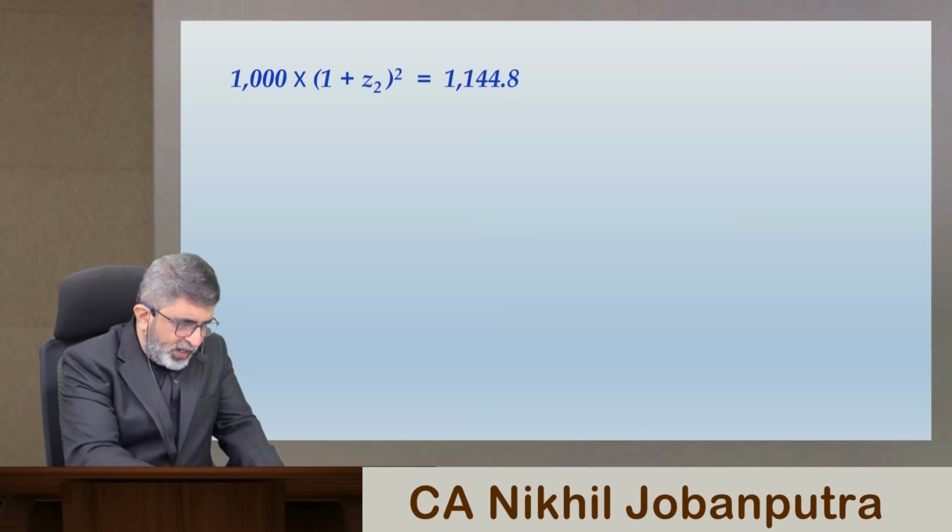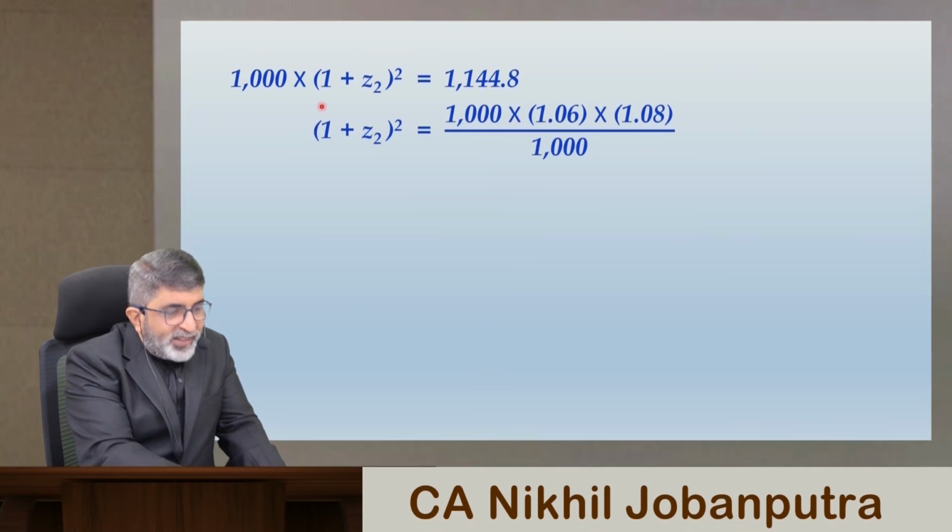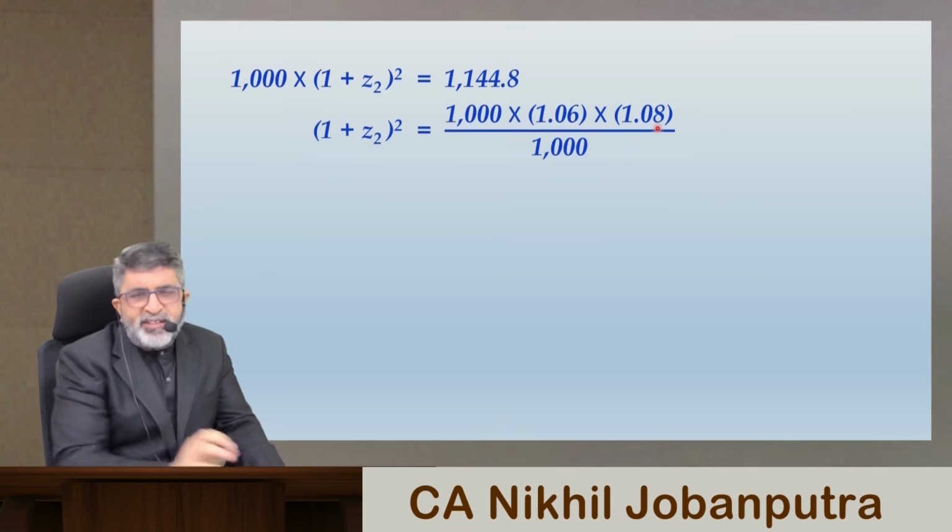So what I am doing, I am writing (1 + Z2)² equals, logically it should be 1144.8 divided by 1000, but instead of 1144.8 I am writing the origin point of that as 1000 into 1.06 into 1.08.